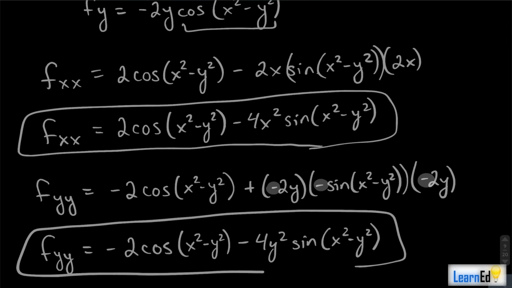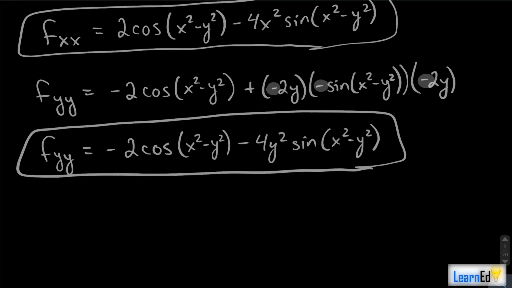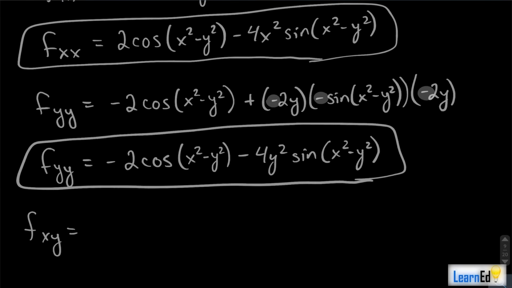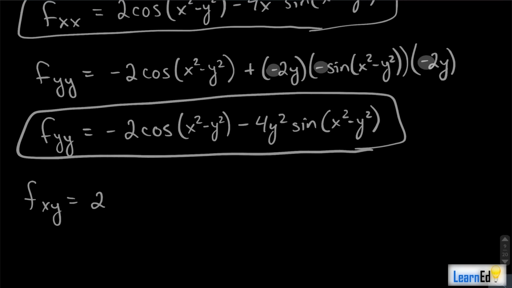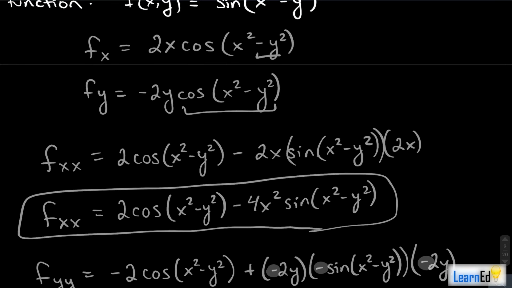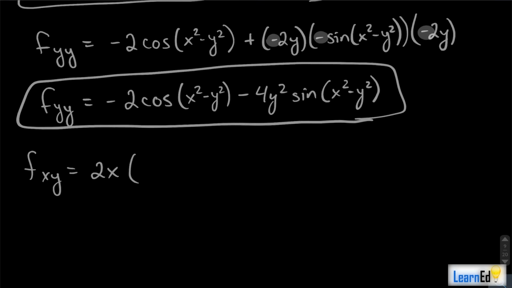And that is fyy. Now for fxy, all we have to do is take a partial of fx, this guy over here, with respect to y. Okay, so since we don't have to do product rule because this 2x gets treated like a constant, what we're just going to have is 2x times the derivative of negative y squared, the inside function, which is negative 2y.